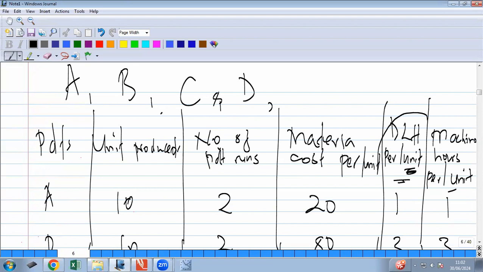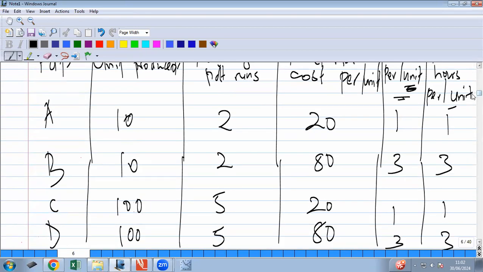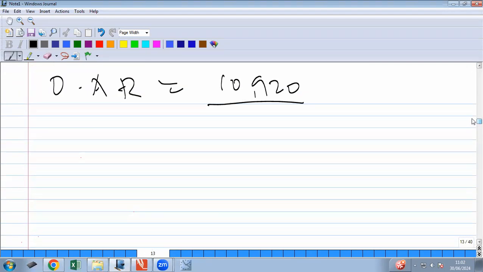No. So if they say without units, we shall only end here. All right, so we have 2, 2, 5, 5, right? So how many total? We are adding 2 plus 2 plus 5 plus 5.